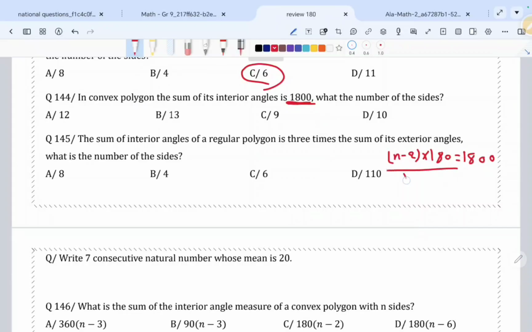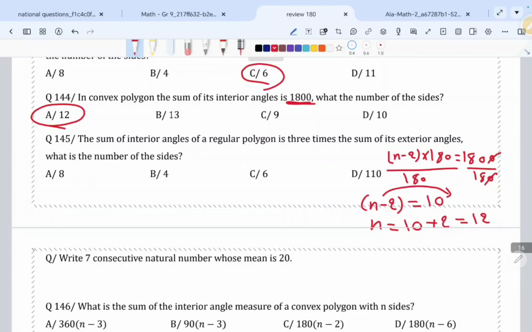To get rid of 180, divide by 180. N minus 2 is equal to 10. Move 2 to the other side. N is equal to 10 plus 2, which is equal to 12. So it has 12 sides.